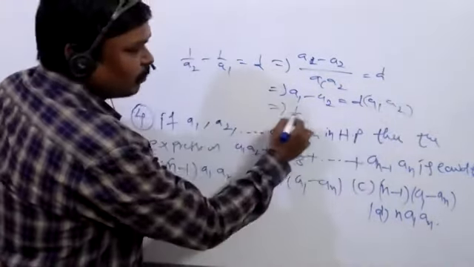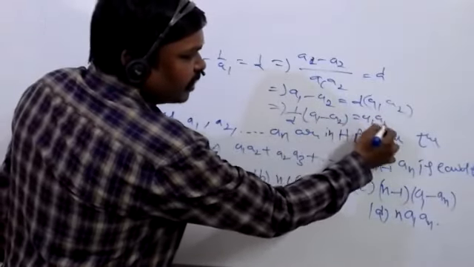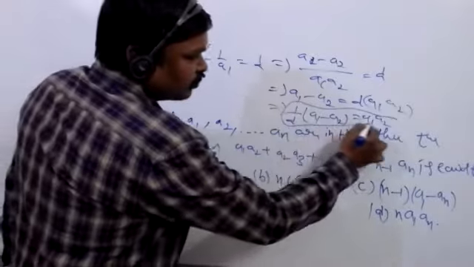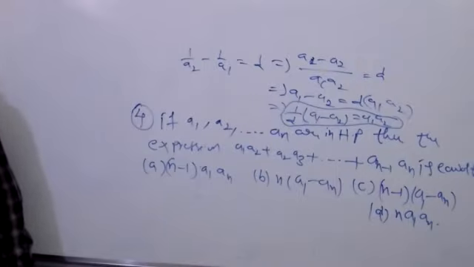That implies 1 upon D into (A1 minus A2) is equal to A1 A2. Understood, Nagbhushan? Yes, sir.